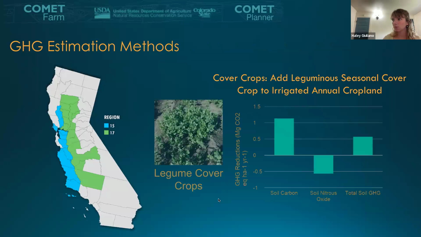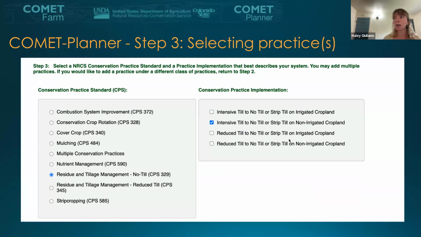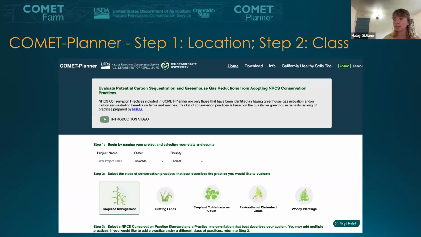But, whoops, too far. There are plans to add additional implementations for existing NRCS conservation practice standards where they were previously not available. If you do not see an NRCS conservation practice standard that you would like to be included in COMET-Planner, or an implementation that you're not seeing in COMET-Planner, I would highly recommend that you send a little message to Andy in the Need Help widget.